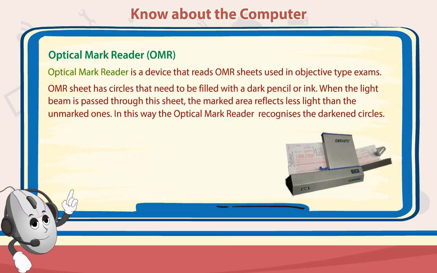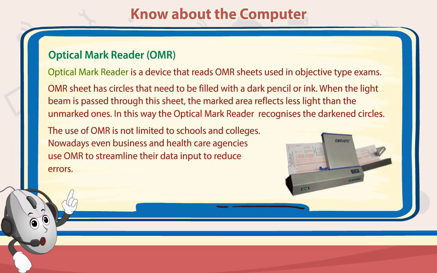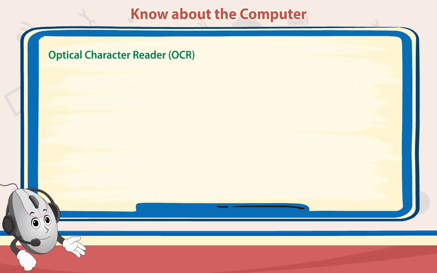In this way, the optical mark reader recognizes the darkened circles. The use of OMR is not limited to schools and colleges. Nowadays, even business and healthcare agencies use OMR to streamline their data input to reduce errors.